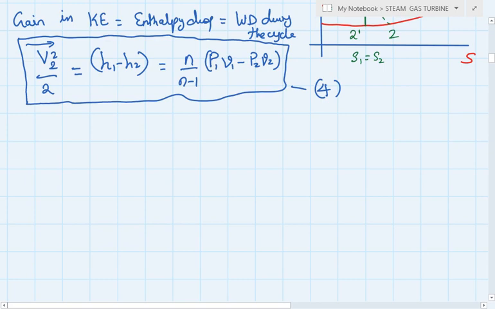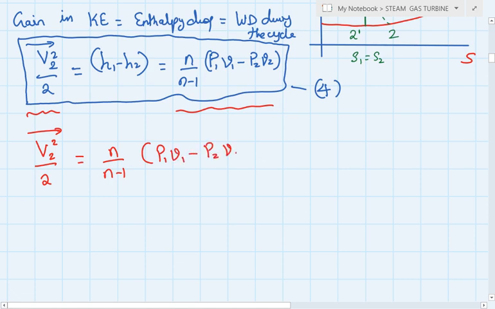Let me consider only these two equations. V2 square by 2 equals n divided by n minus 1 into P1 V1 minus P2 V2. I'm going to take this quantity outside.